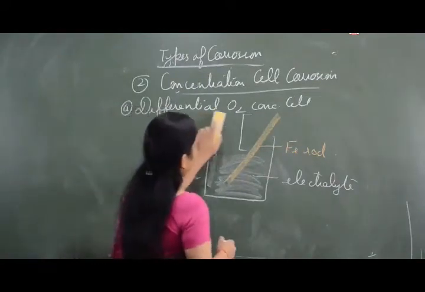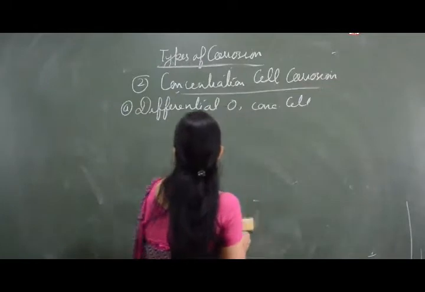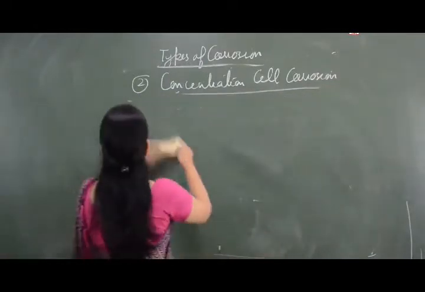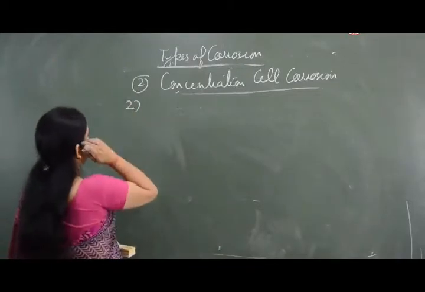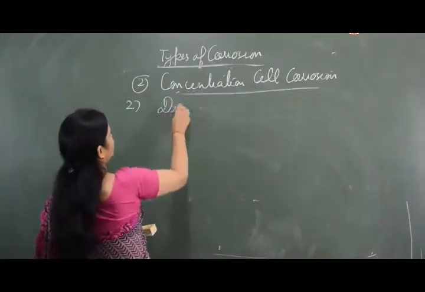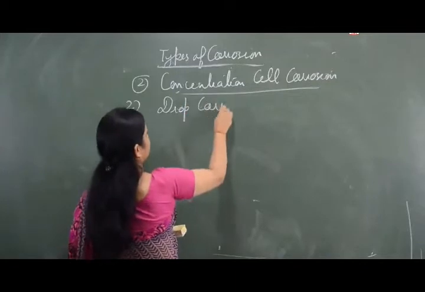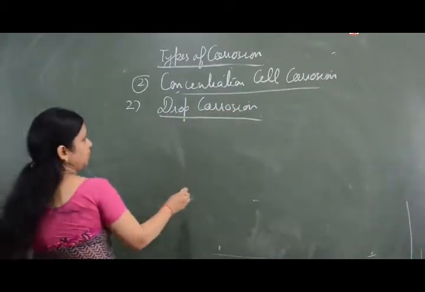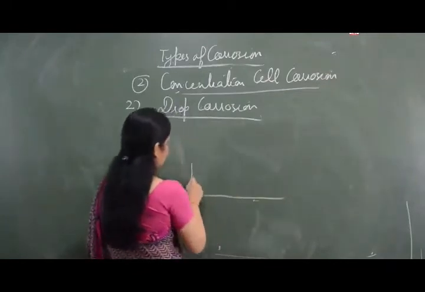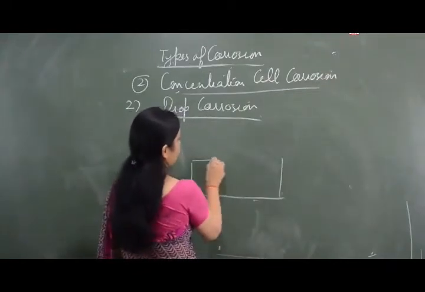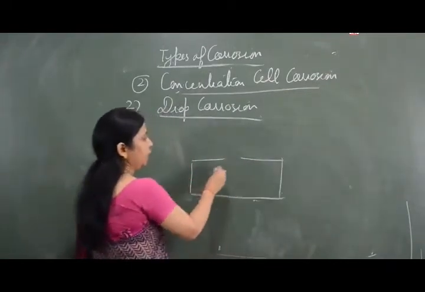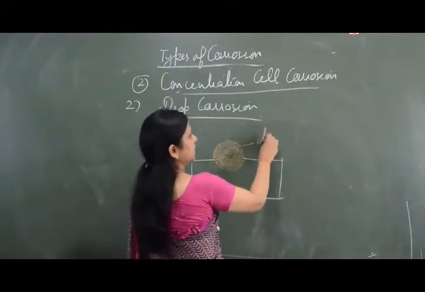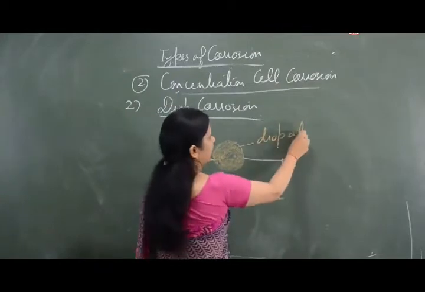The second type of concentration cell is drop corrosion. Under drop corrosion, we have this metal, and here we place a drop of electrolyte.